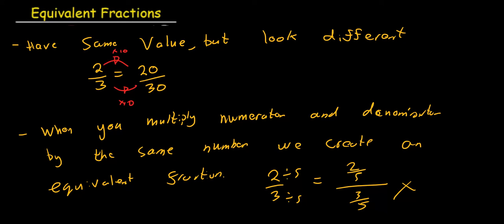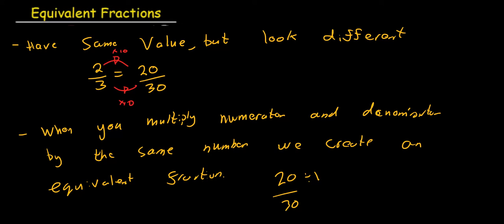Okay, so a good example of division would be 20 over 30 divided by the highest common factor. The highest common factor is the highest number which doesn't leave a remainder on division. So this gives 2/3.